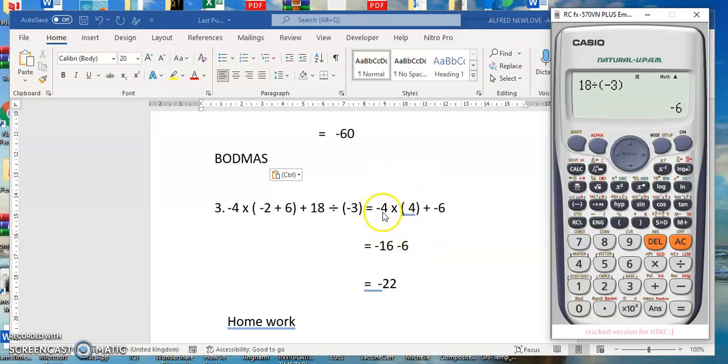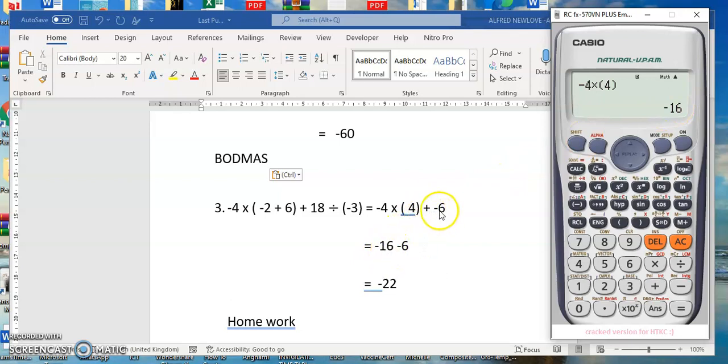So minus 4 times 4 is going to give us minus 16. Let's see. Minus 4 times 4. It gives us what? Minus 16.